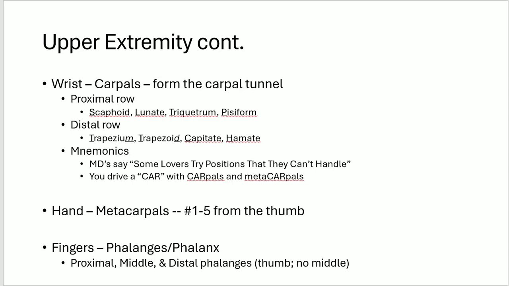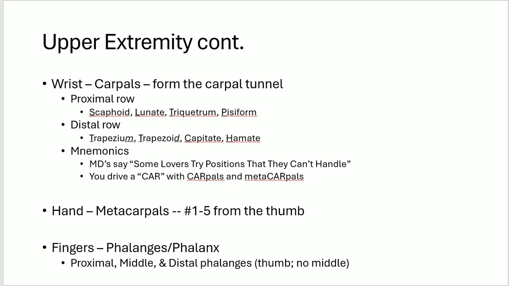Our mnemonic here, to remember that trapezium comes before trapezoid, is MD. So trapezium, M, trapezoid, D, M before D. MD say some lovers try positions that they can't handle.